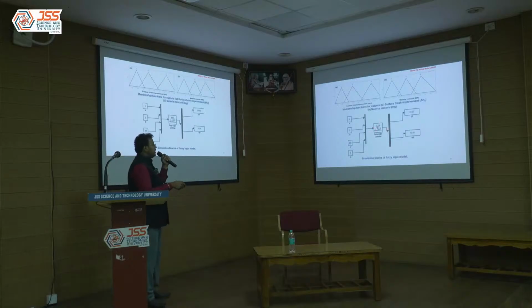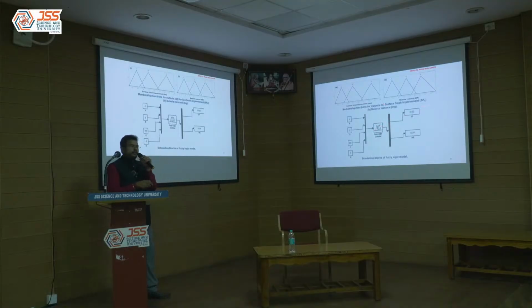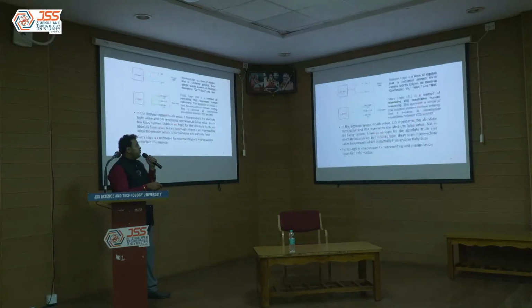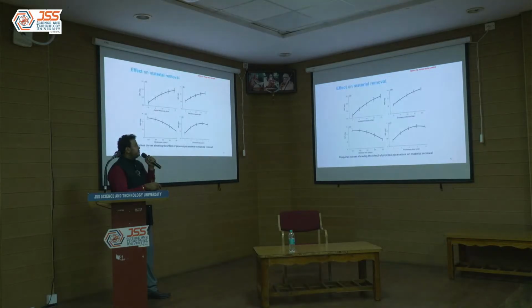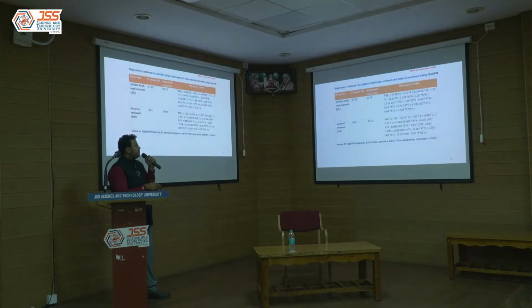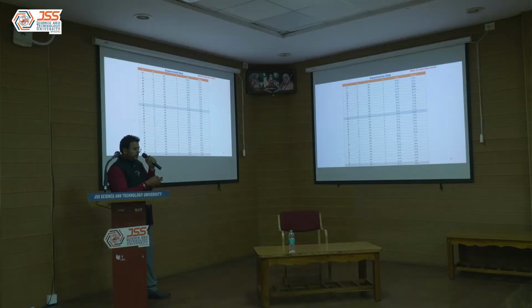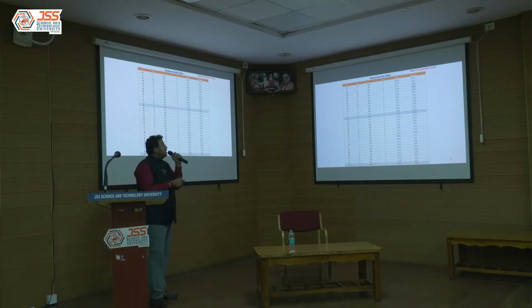Now, how do we activate this fuzzy logic controller? We need to give the rule-based interface, like how the rules are framed, the if-then rules. If you go back to this experimental data, the rules are framed in such a way that if A is 15, 15 comes under the high range.